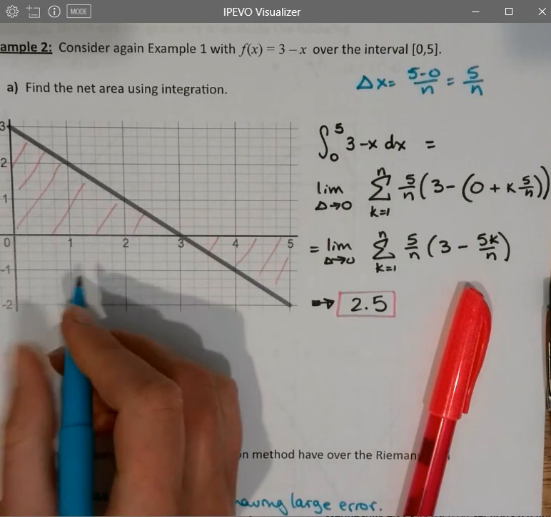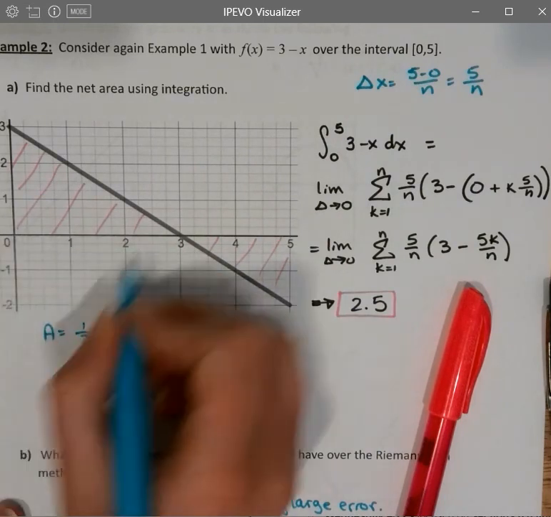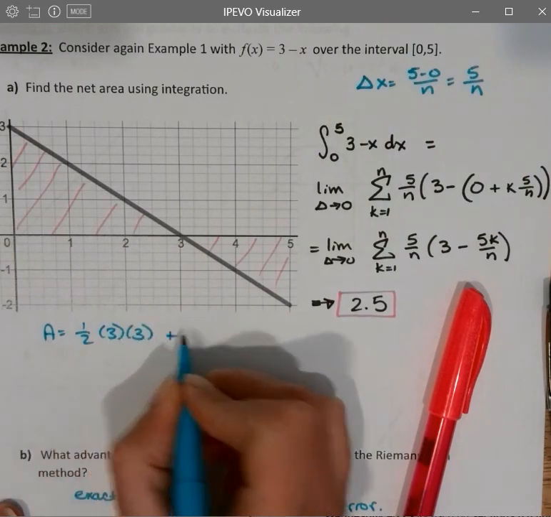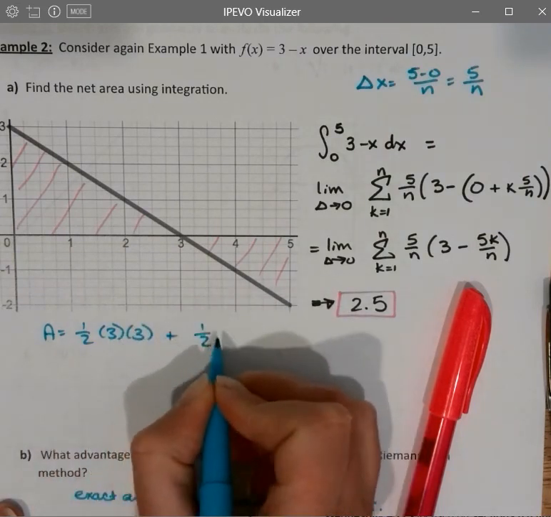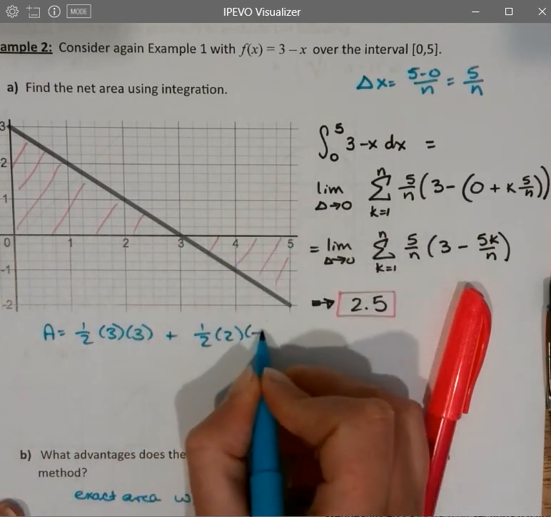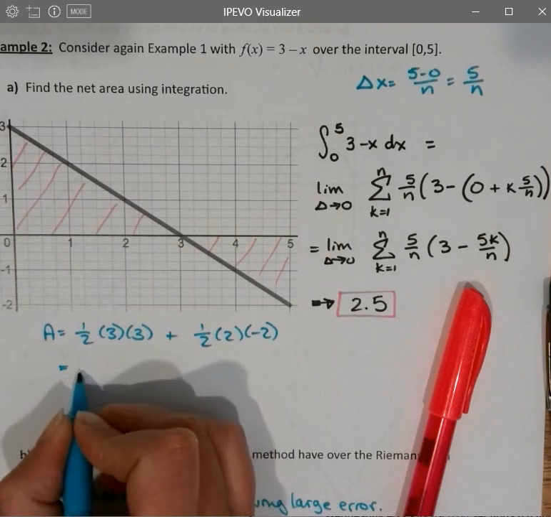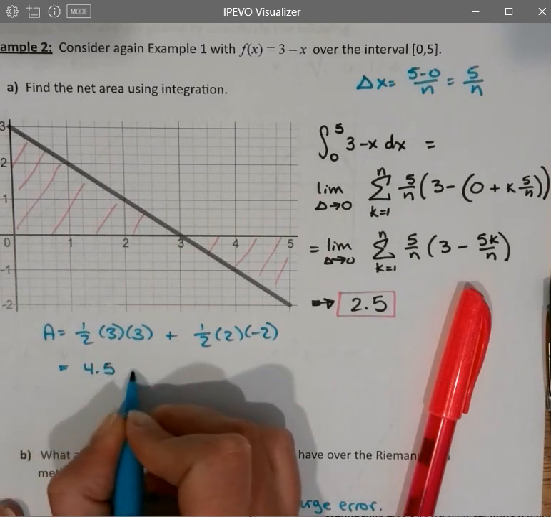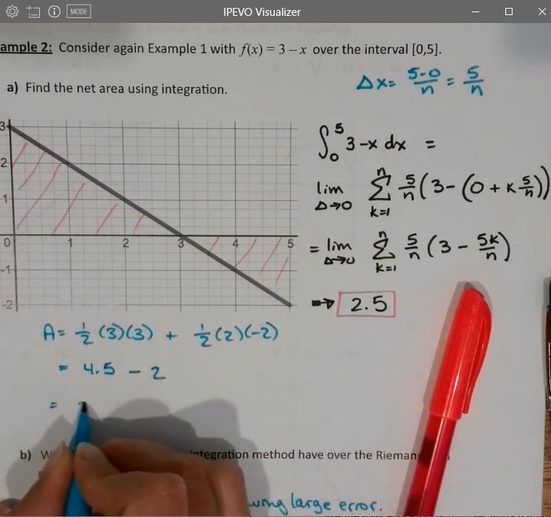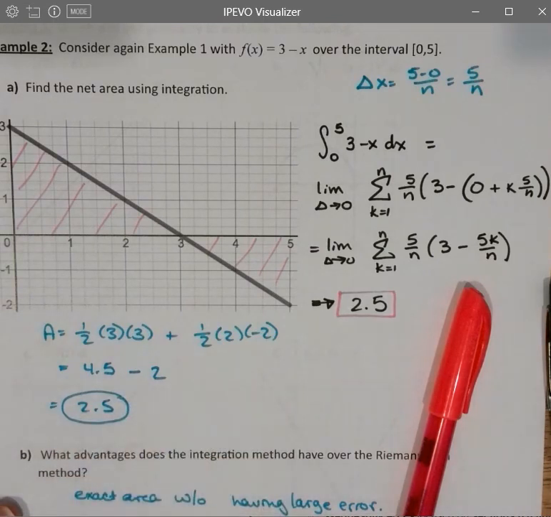The area of the first one is 1/2 base is 3, height is 3, plus the area of the second one is 1/2 base is 2, height is -2. So this is going to be 9 divided by 2, so 4.5 minus 2, and so I do get 2.5. So that's the geometric way of getting this one.